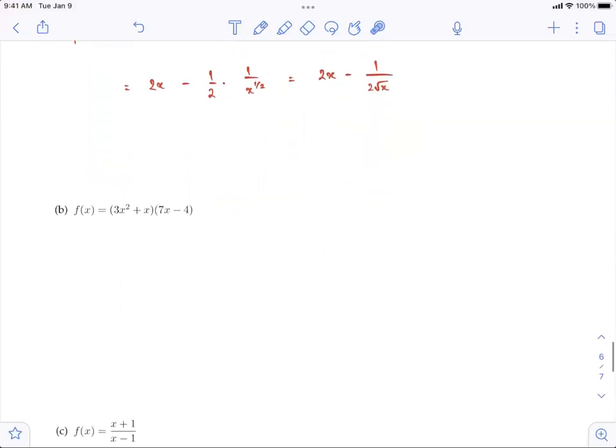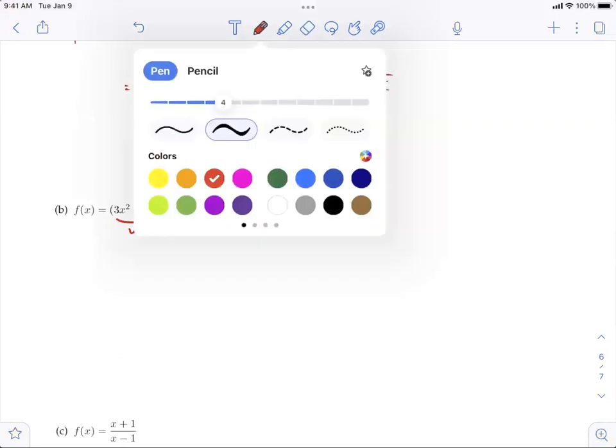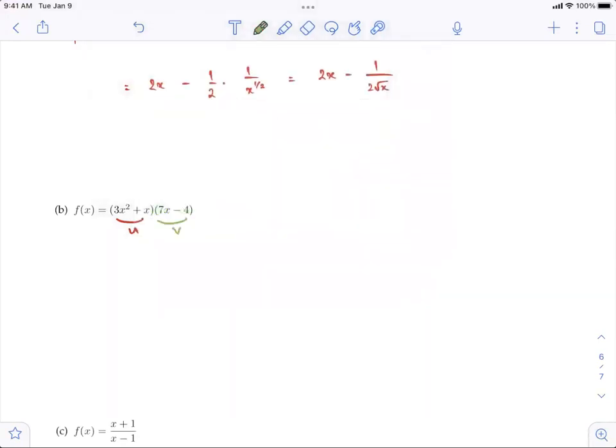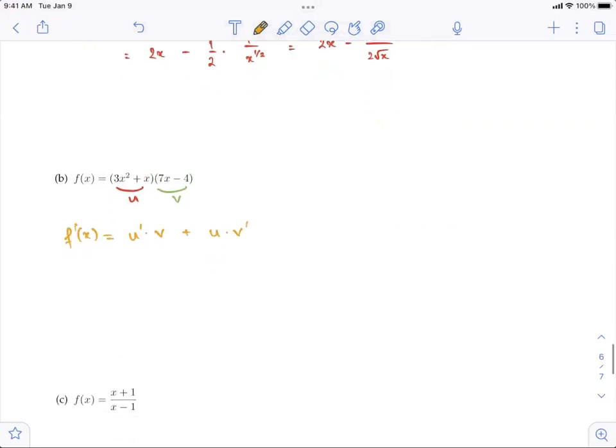Problem B, clearly it is the product of two functions. So I'm going to apply the product rule to find the derivative of this function. So this is u, right? And this is v. So f prime of x is equal to u prime times v plus u times v prime, or 3x squared plus x prime times 7x minus 4 plus 3x squared plus x times 7x minus 4 prime.